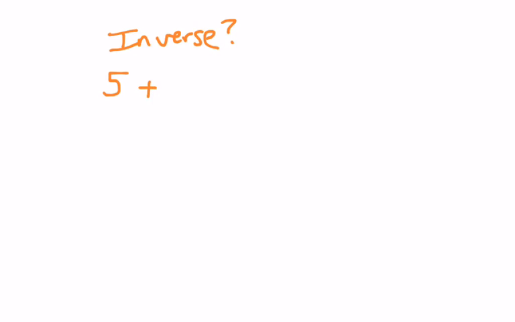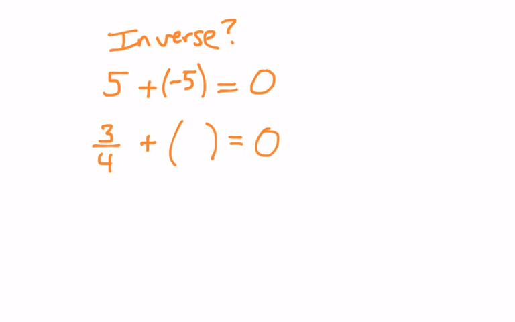Well then we're asking 5 plus what, and then our test here, if numbers are inverses, then they should add up to be 0. So 5 plus what is 0, and the answer is -5. Or if you look at maybe a fraction, 3/4 plus what is 0. And the answer is -3/4.